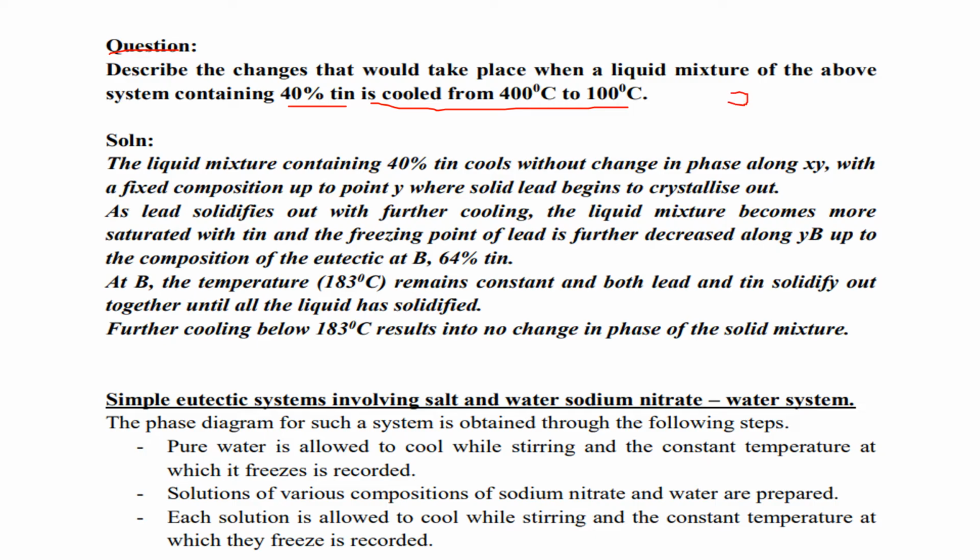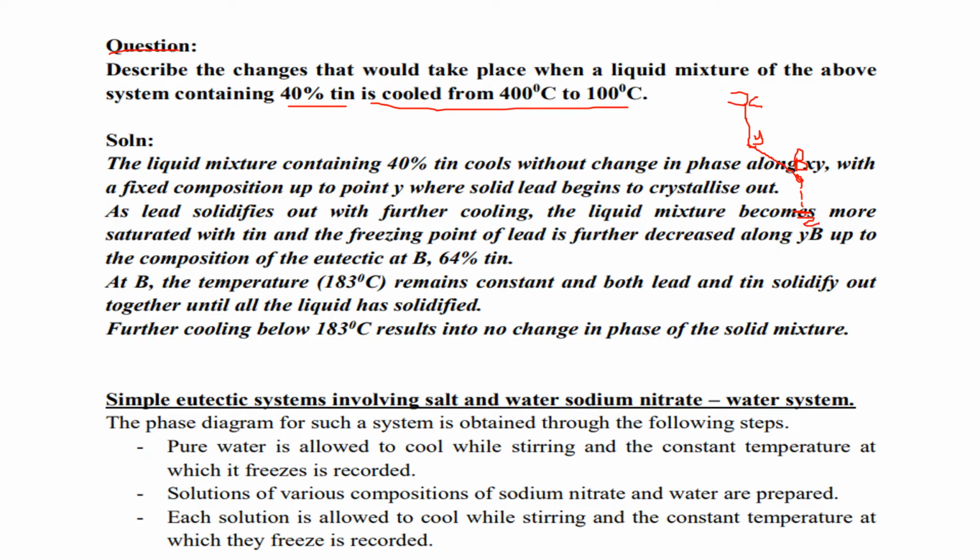I told you to plot a diagram and label 400 degrees Celsius, we name it X, and then you draw a line to the slanting slope, and we name that point Y. From the slanting slope, you draw the line going with that slope until the eutectic point, which was B, is reached, and then you draw a dotted line towards the temperature they have told you to stop on, which is 100, and you can put a point, let me say Z, there.